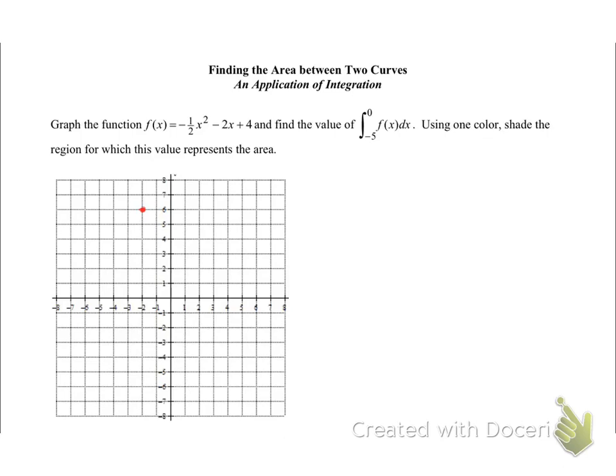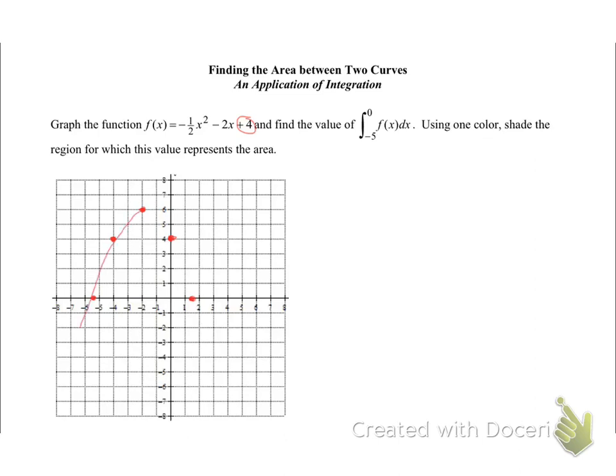I do know that the y-intercept is at 0, 4 because of that term right there. Because a parabola is symmetric, I know that there's going to be a point there as well. I can also use a calculator to find the zeros, which end up being right there. Okay, so this is just a rough sketch of this function.